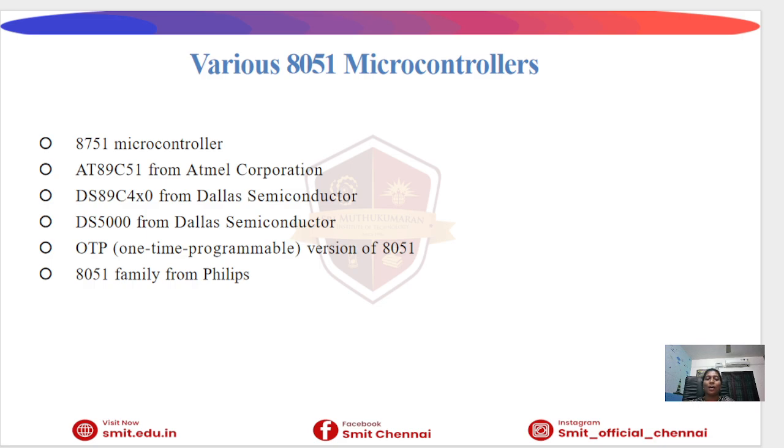In our embedded C programming labs, we are using the AT89C51 for blinking and flashing of LEDs. The DS89C4X0 and DS5000 are high-speed versions from Dallas Semiconductor. Some versions are OTP, meaning they can be programmed only once. So the 8051 is not a single chip, it is a family of microcontrollers.